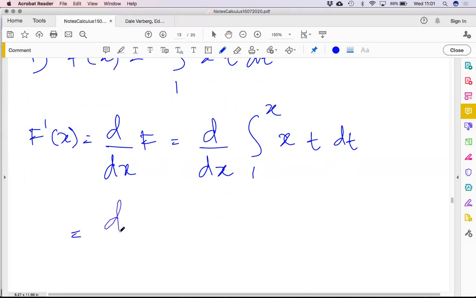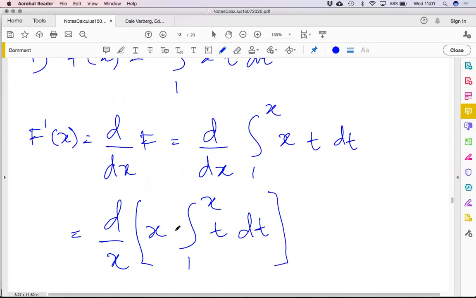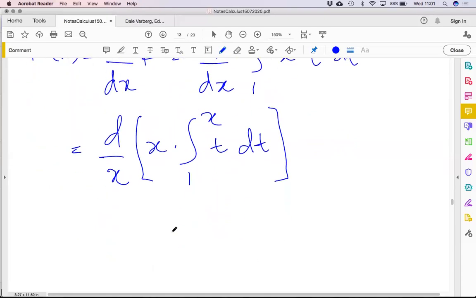We can take x outside the integration, times the integral of t dt. So we have the multiplication of two functions now.